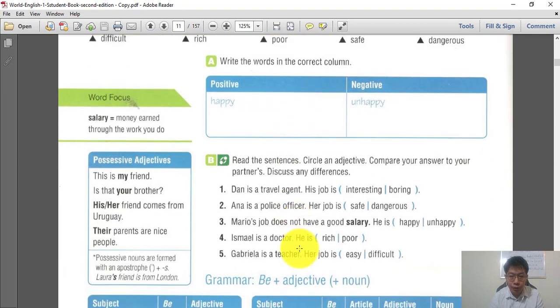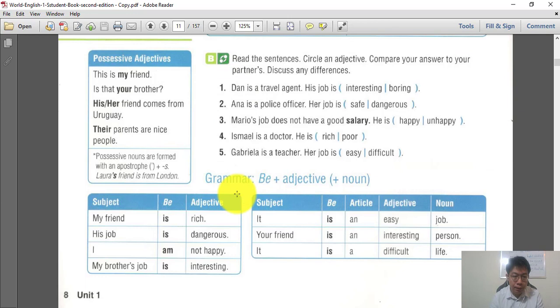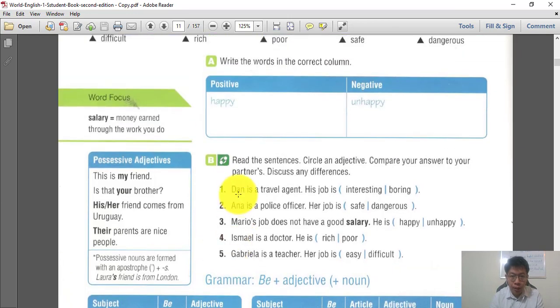And next, you are supposed to choose the correct answers. So exercise B here on page number 8, the same in our student book. Just like Dan is a travel agent, his job is interesting or boring. So this one depends on your own idea.